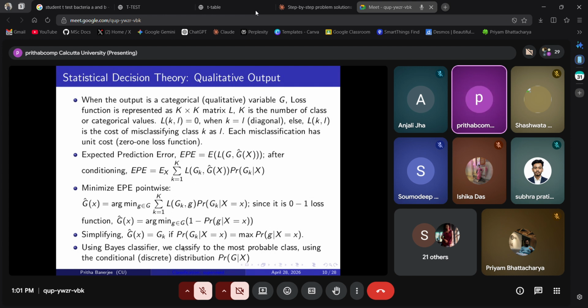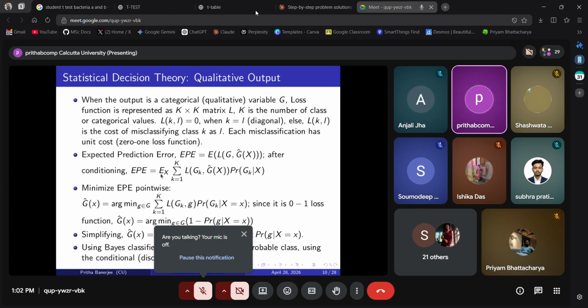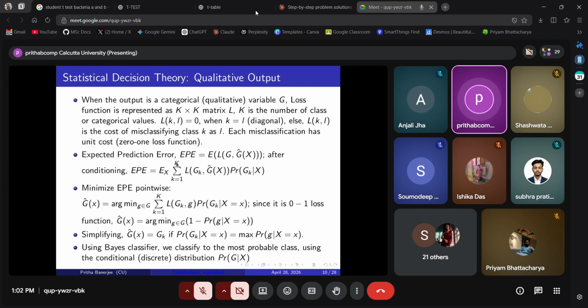Essentially, this expectation of L of G comma G cap X can be written as the expectation conditioned on X, summation over k equal to 1 to K over all the classes, of L of Gk comma G cap X times the probability of Gk given X. Don't forget that X is your predictor variables.